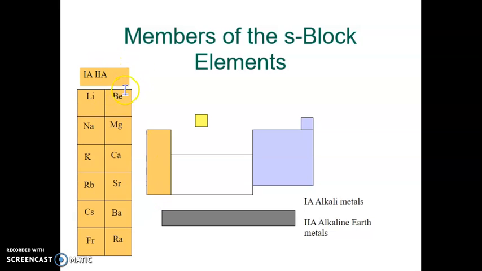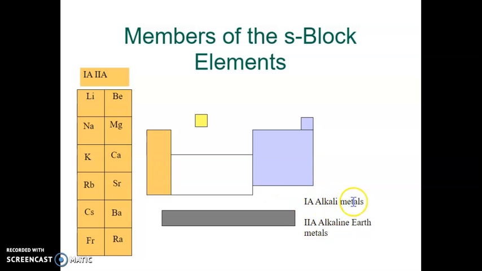The second A group is also called alkaline earth elements, having elements beryllium, magnesium, calcium, strontium, barium and radium. These are the S block elements lying on the left side in the periodic table.